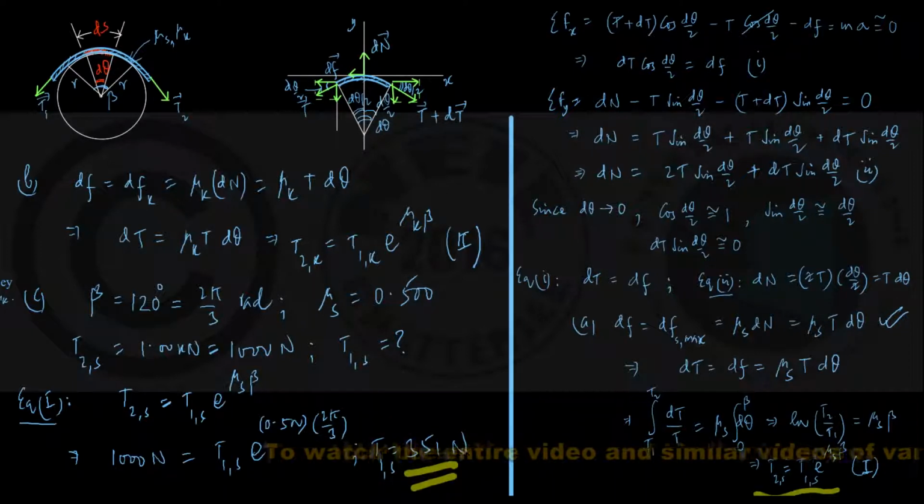We conclude that this is the value, of course, of T1s. We conclude that with a minimum force of 351 Newton on one side of this rope, a tension of 1000 Newton on the other side of the rope can be balanced for this given situation. So let me highlight my answers.